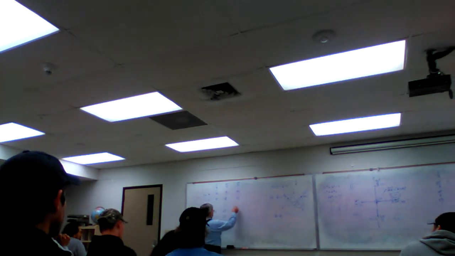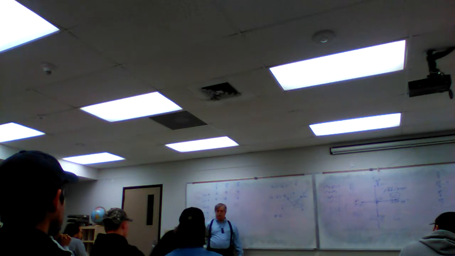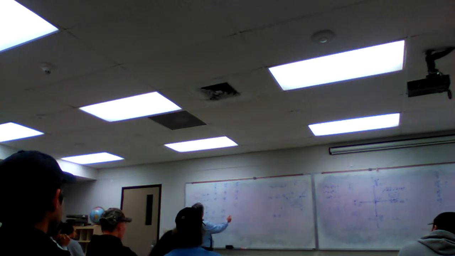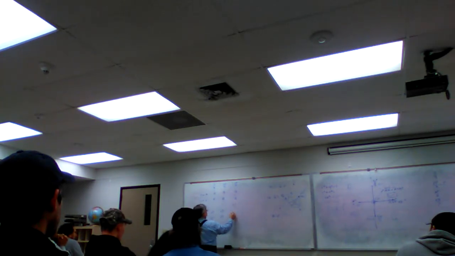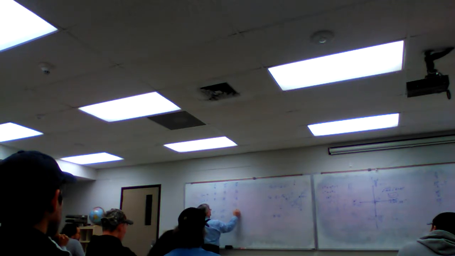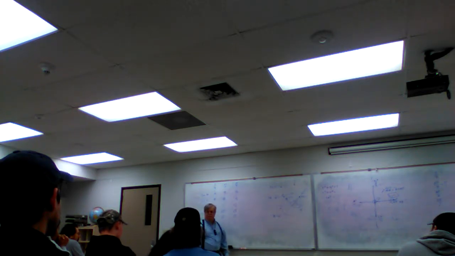Plus 1, because it's a negative divided by a negative. Cosecant? Negative square root of 2. The secant? Negative square root of 2. And what's the reciprocal of plus 1? Still plus 1.